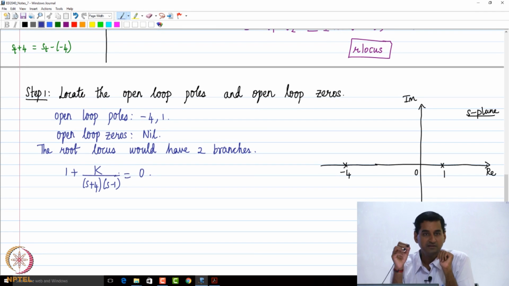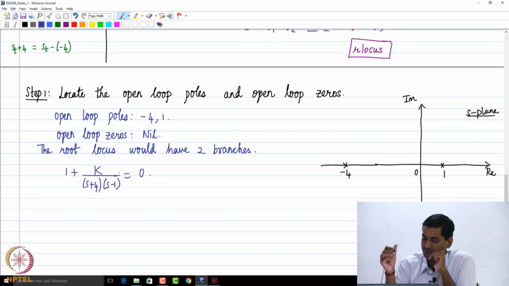Now as k starts increasing from 0, each branch will start from an open loop pole. Why do you think that happens? Immediately you can rework this equation as (s plus 4) times (s minus 1) plus k equals 0.